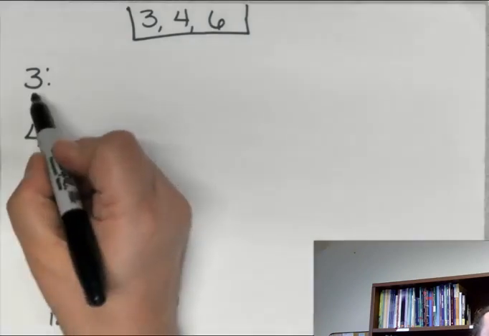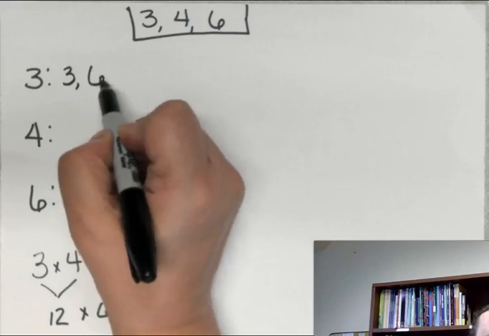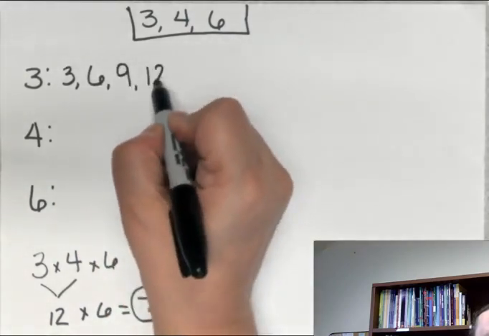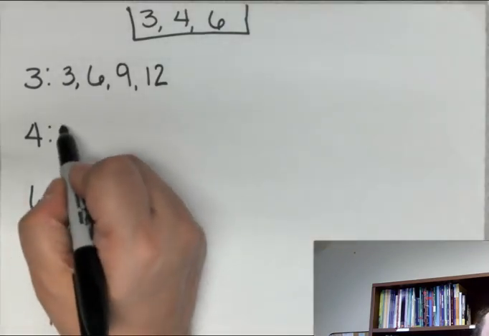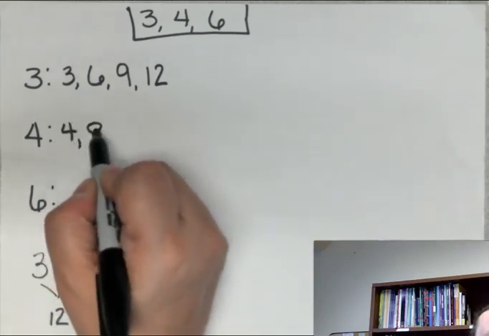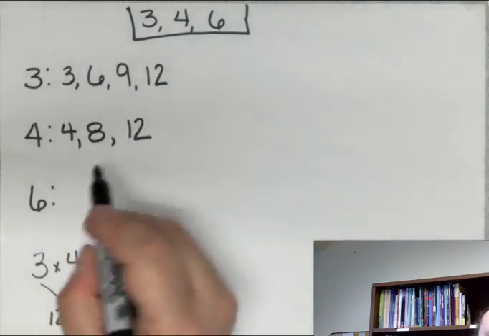We will start with 3 and say 3, 6, 9, 12, and I'm going to go out on a limb and say this is far enough, so let's move on to 4, where we have 4, 8, and 12. And look, we found a common multiple for 2.